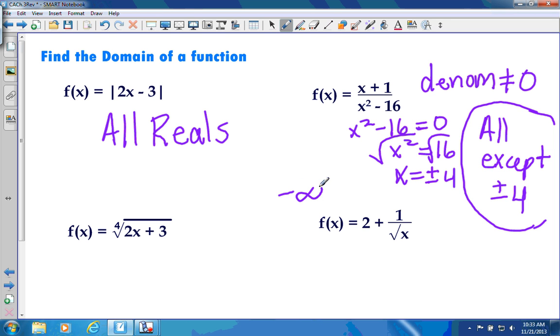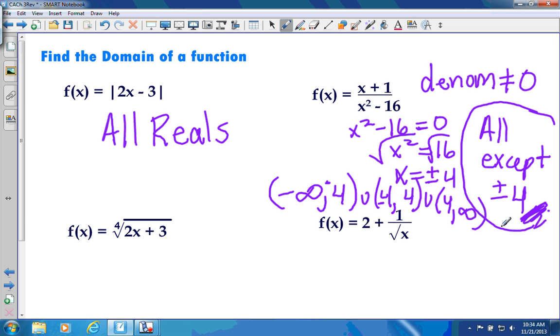Otherwise, you would have to write it this way: negative infinity to negative 4, then from negative 4 to 4, and then from 4 to infinity. You can write this. I'll accept this. That's fine. It does the same thing, doesn't it? All right, then this next one.